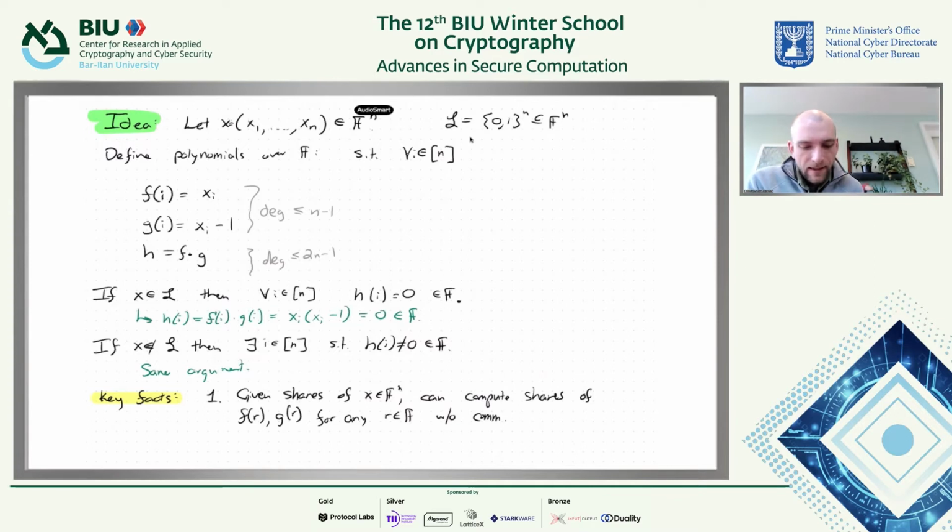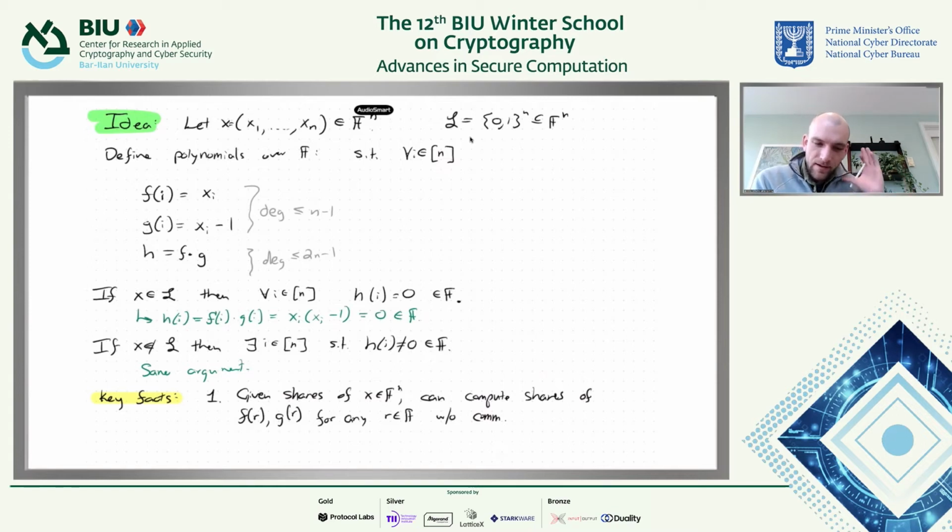The reason for that is that if you look at how these polynomials are defined, f(r) for any r that the servers pick is actually just a linear function of x. And the servers can compute linear functions on secret shared data without communicating, and therefore they can compute shares of the evaluations of these polynomials without communicating.